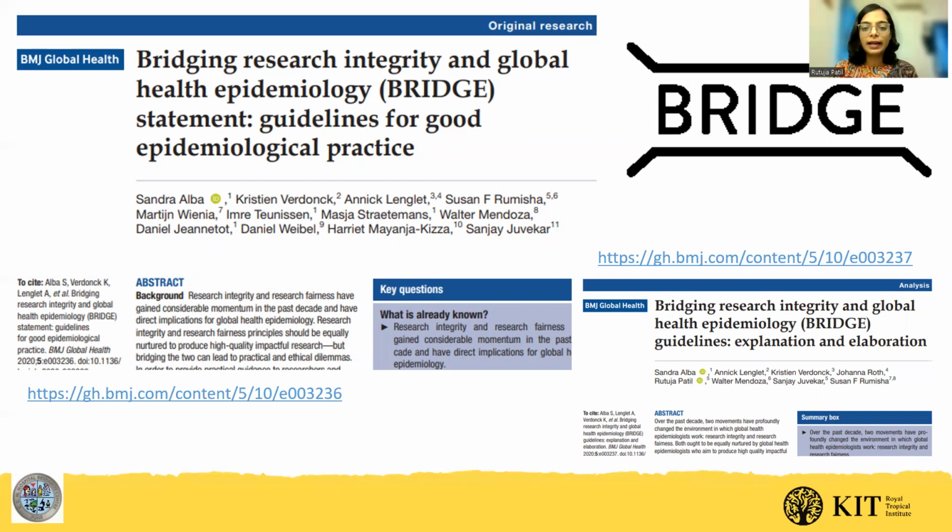And these preliminary guidelines were then validated by 163 people over email, followed by a couple of rounds to interact with nearly 45 participants, and in the end, a face to face meeting with 8 uniquely chosen participants based on their professional and geographical background, as well as their inputs in the previous round. So this Delphi exercise was commissioned. It started in 2018, and Dr. Sandra Alba, who is the moderator for today's session, led this team which was working on developing the BRIDGE guidelines.